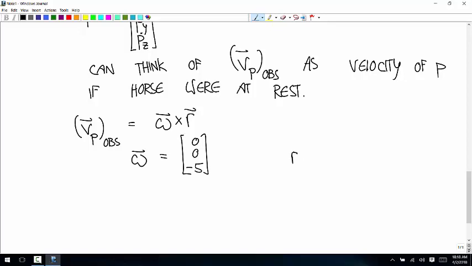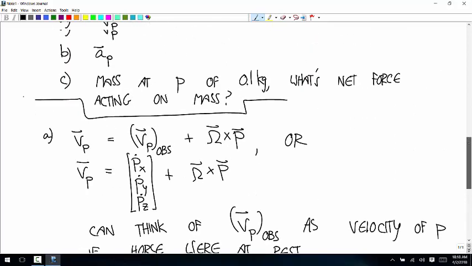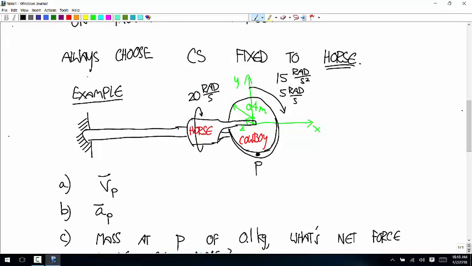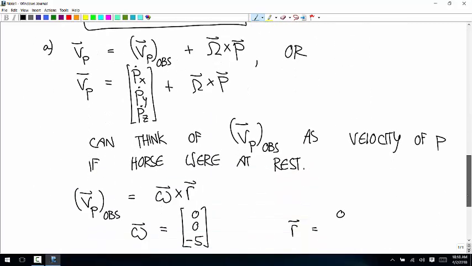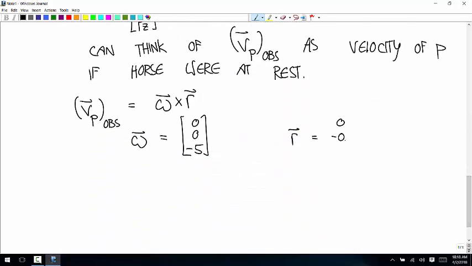And then what's the r vector? So the center of the circular motion is here. The point we care about is here. So we're going 0.4 meters in the negative y direction. So 0, negative 0.4, 0.